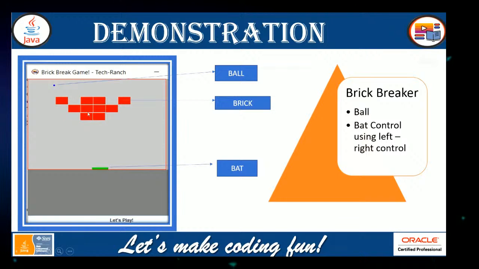This is the logic behind this game. And as you can see, the green part is nothing but the bat. So the user can control the bat movements from left to right. We cannot control the ball. In this game, we are controlling this green bat. That's the game. Now let's take a look at the demonstration for more information.